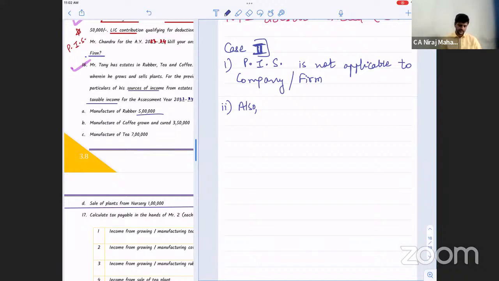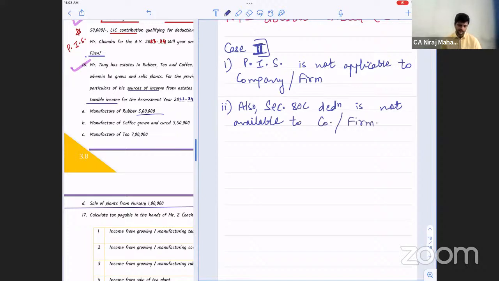Okay. Also, section 80C. This you are not aware, so write down. 80C deduction is not available to company or firm.